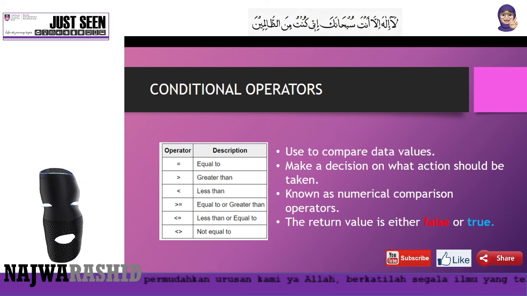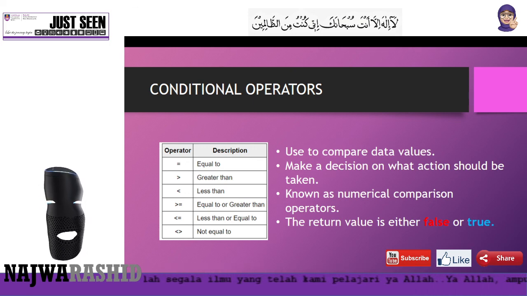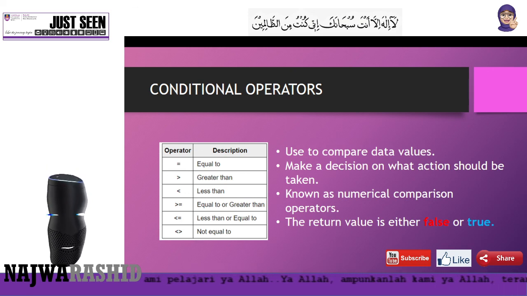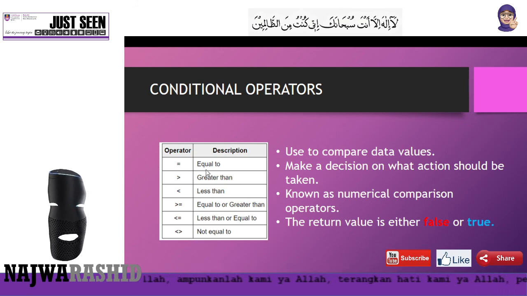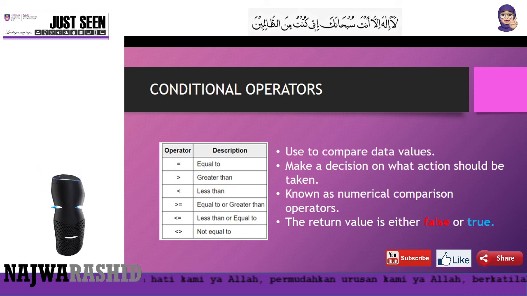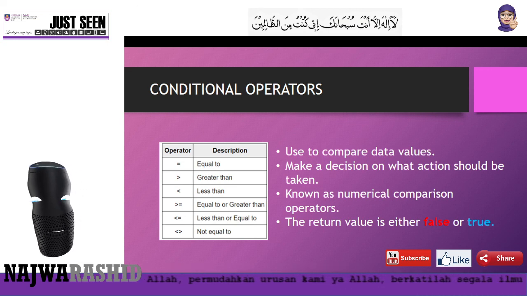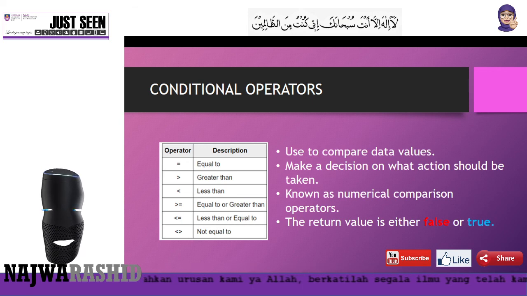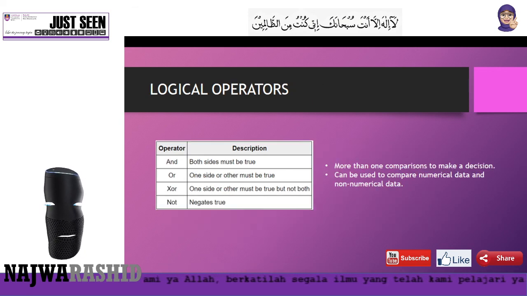This conditional operator is also known as the numerical comparison operator, and the return value is either false or true. So if true, then what should the program do? If false, then what should it do? You can do the programming based on this.